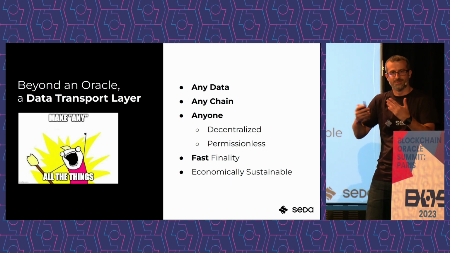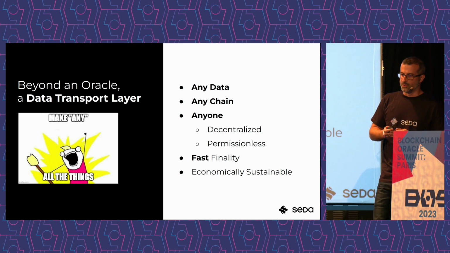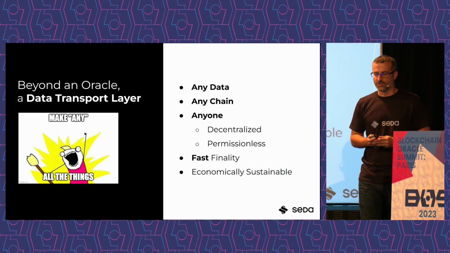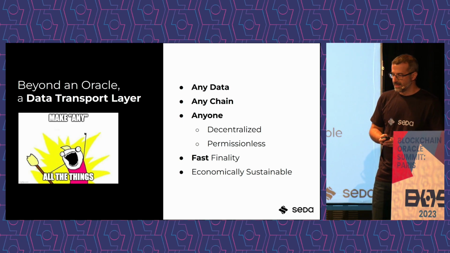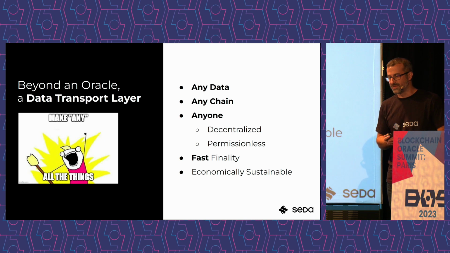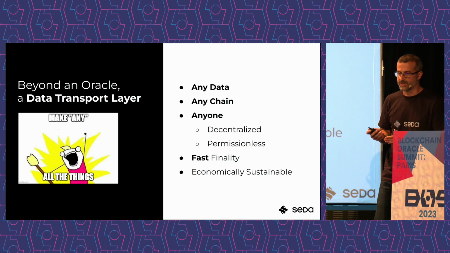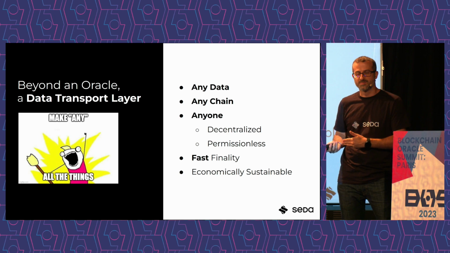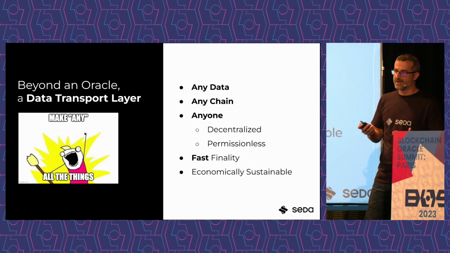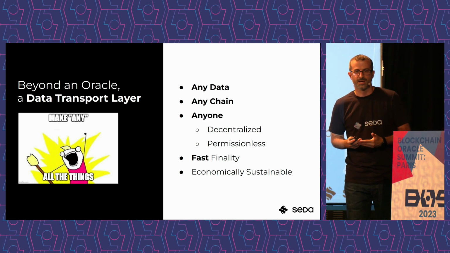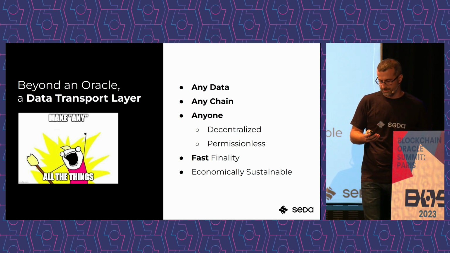So we also need to be able to go to any chain with that kind of finality. And the last point, which I think is sometimes disregarded by many protocols, not only oracles, is that it has to be economically sustainable. It means not only being cheap to query data, but also that all the parties within the protocol should have an alignment of interests.